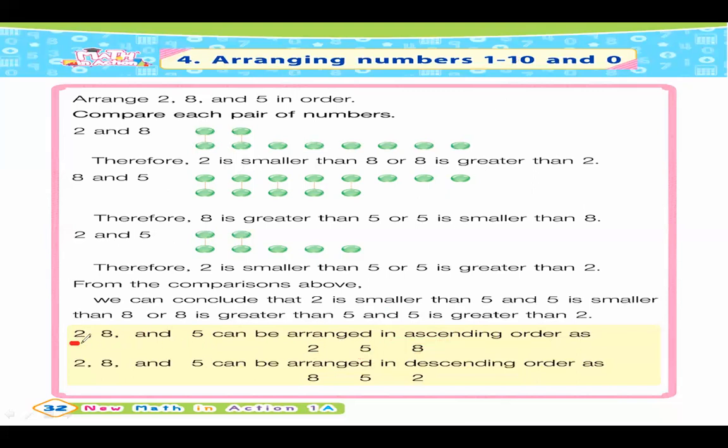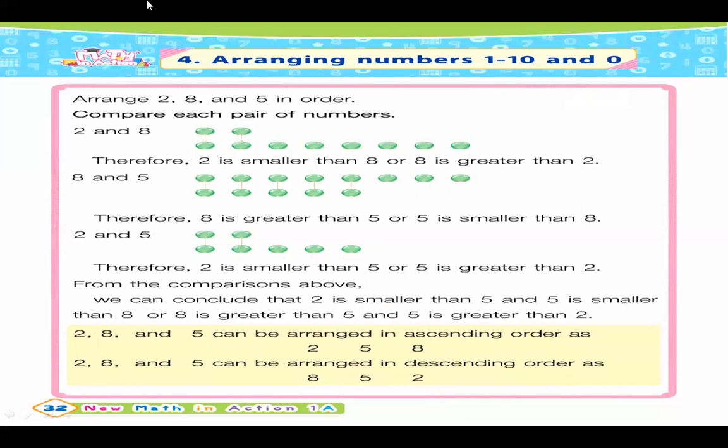Okay, students, so that is ascending order. Here is another one. 2, 8, 5 can be arranged in descending order as 8, 5, 2.